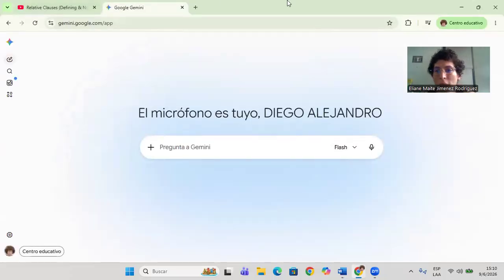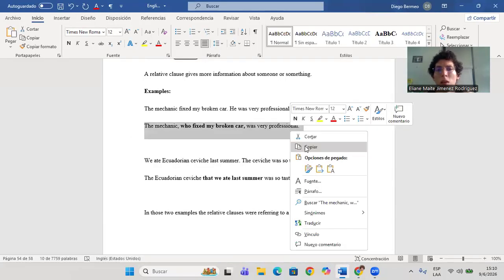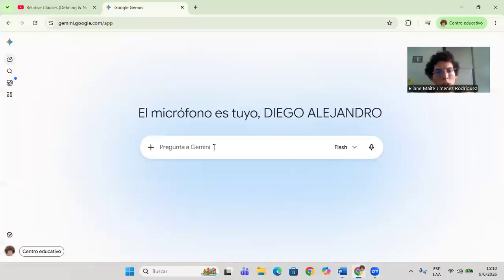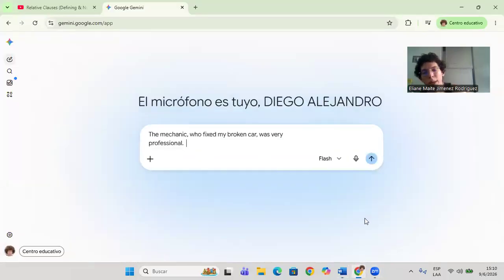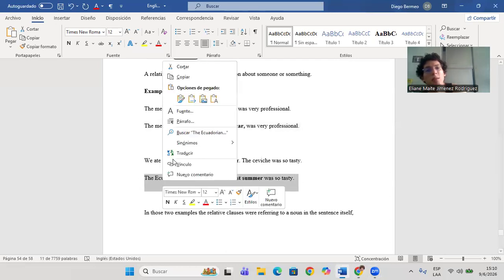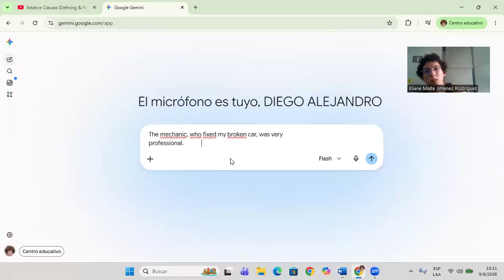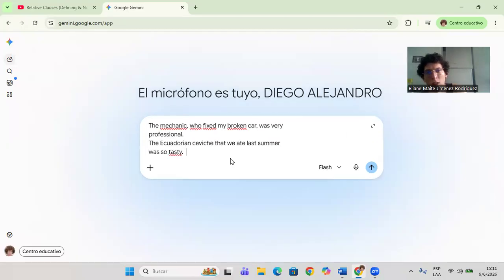We can always use AI, not for cheating, not for copying, but for developing our talents, for developing our skills. And we can ask it whether or not it is defining or non-defining, because we have to be able to recognize it.